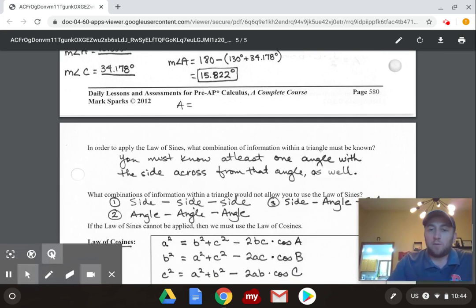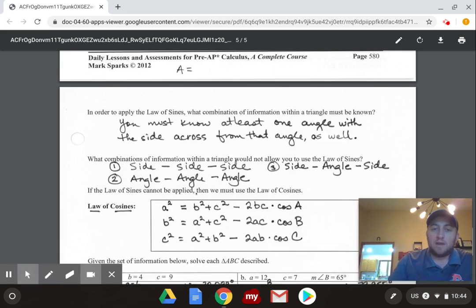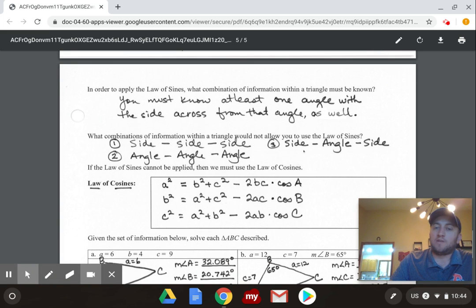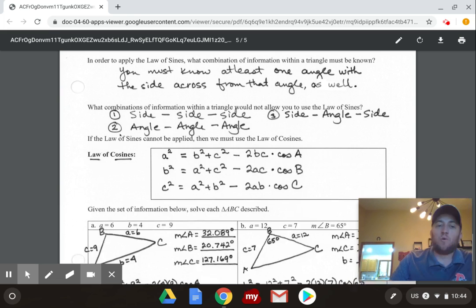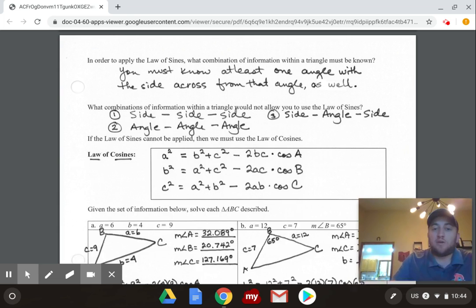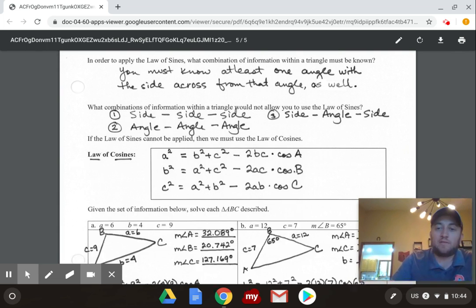So the other one that we are going to talk about, and this is just talking a little bit more about law of sines. This is what I just said, but what combinations of information within a triangle would not allow you to use the law of sines? Like if you knew all three sides, you couldn't use law of sines because I don't know an angle and the side across from it, because all I know is the sides.